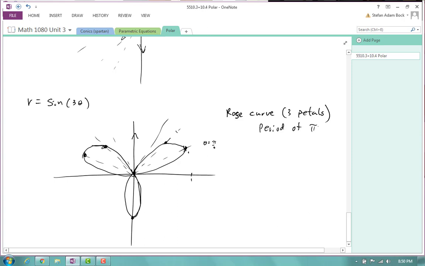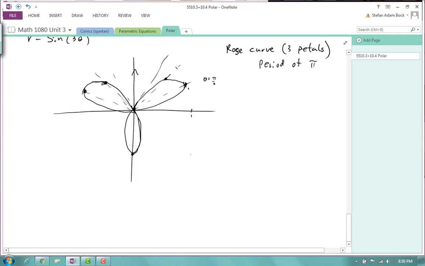Because just like the circle that I had before, which I guess you could consider to be a single petal rose curve, if I go past pi, all my sine values will end up being appropriately negative, and I'll just retrace the rose curve the way I already had it. So rose curves in general, it doesn't matter if we have sine or cosine, it just changes which axis it kind of starts on.